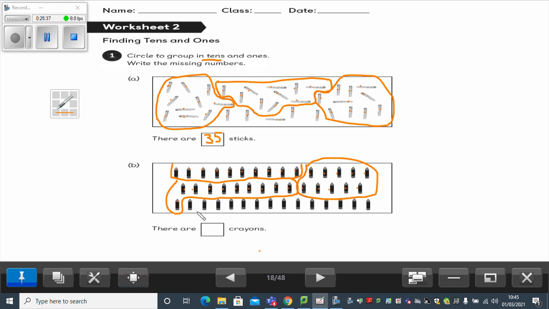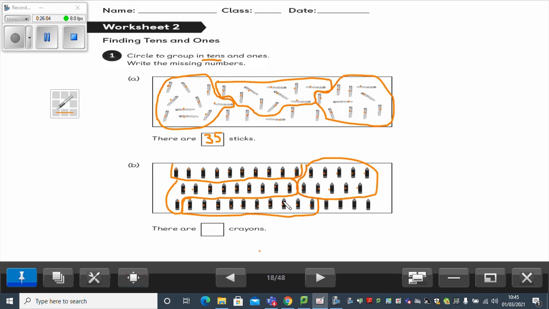Okay, let's get another one. 1, 2, 3, 4, 5, 6, 7, 8, 9, 10. That's another group of 10. Now I can see I definitely can't get another group of 10 out of what's left, so they're my ones. So I've managed to group 1, 2, 3, 4 lots of 10.